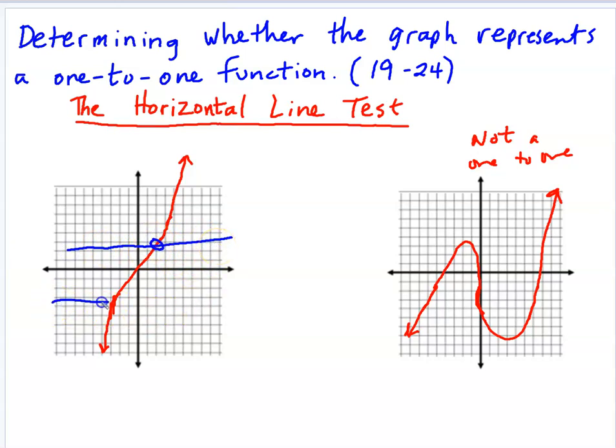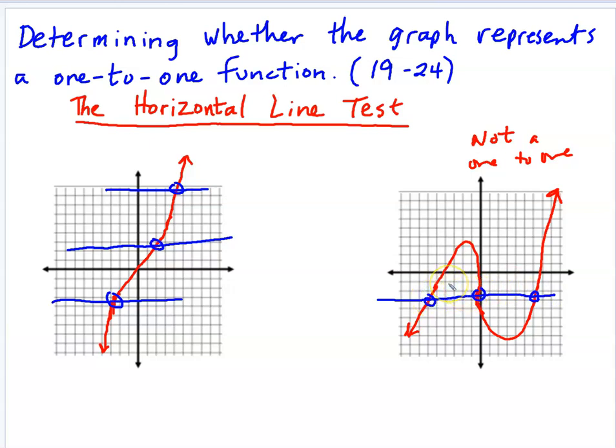Every time I do a horizontal line, I touch one point. So I'm proving that this left graph does represent a one-to-one function. But the right graph is not, because a single horizontal line touches more than one point.